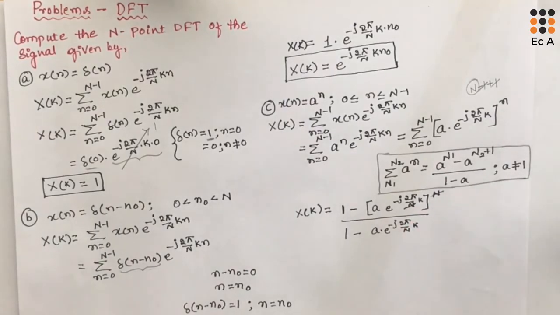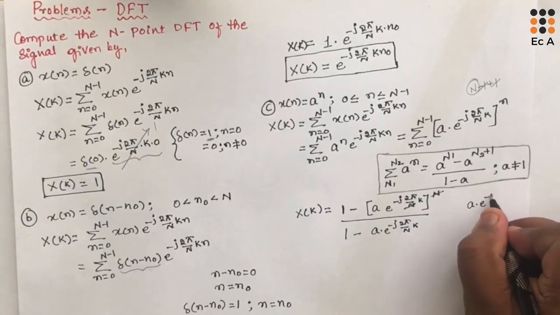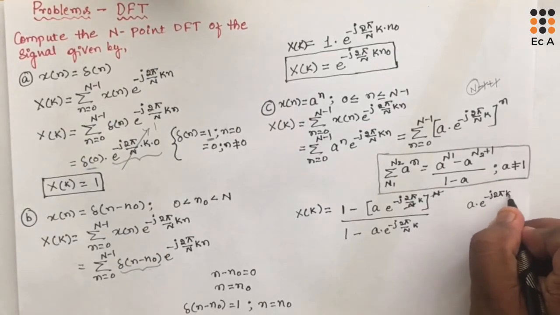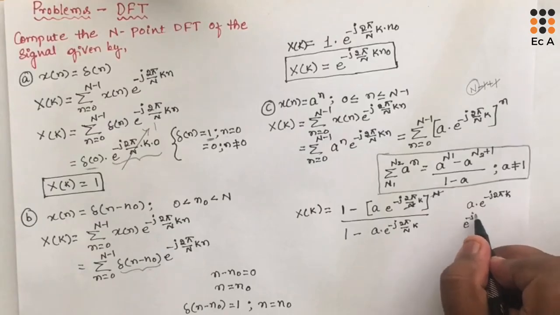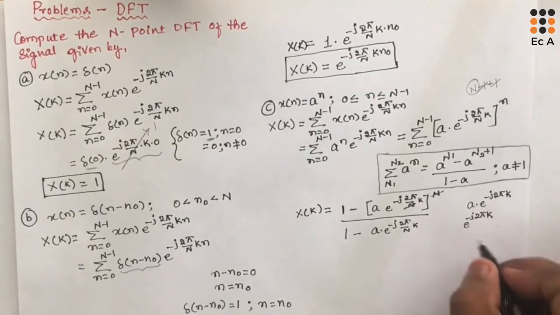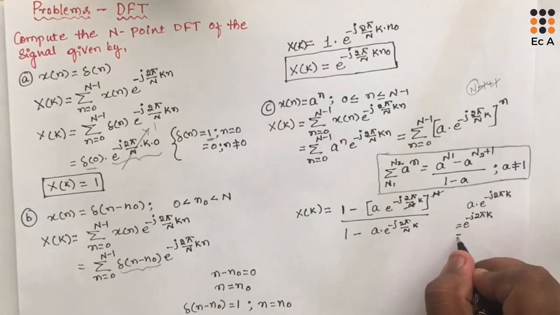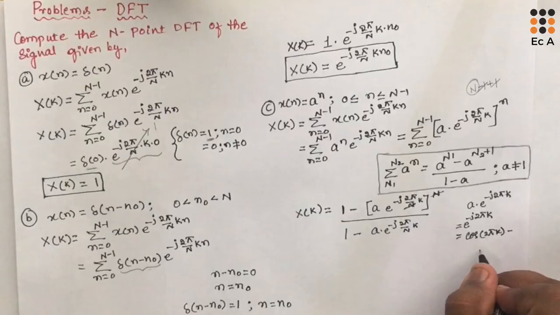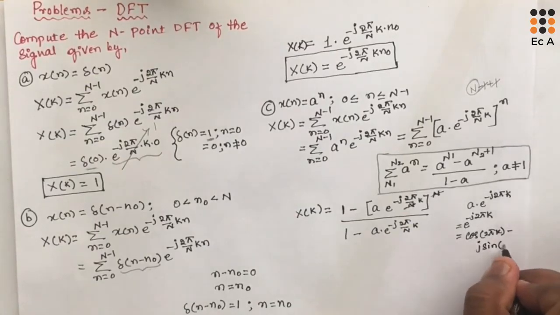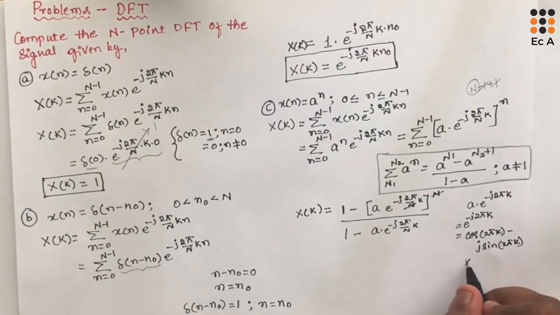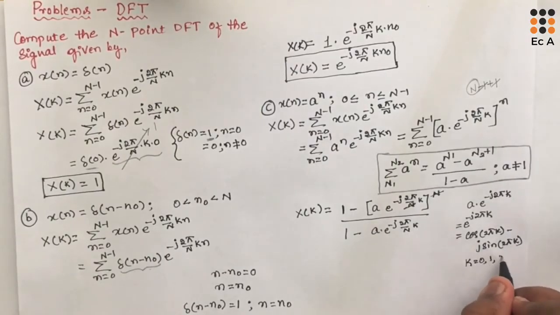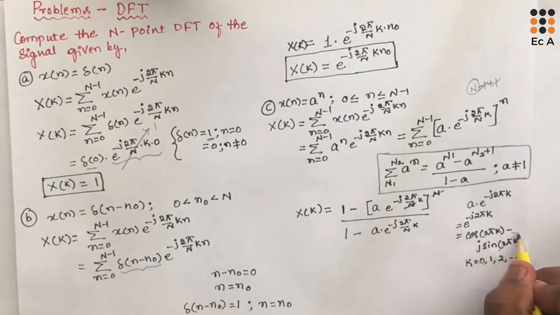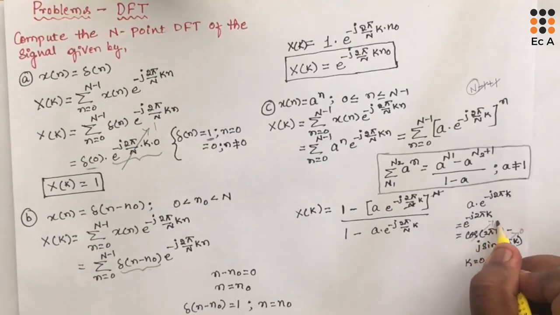So we will be left out with a into e to the power of minus j 2 pi k. E to the power of minus j 2 pi k, we can write this term as cos 2 pi k minus j sin 2 pi k. If we put different values for k as k is equal to 0, 1, 2 and so on, the term sin 2 pi k will become 0 and cos 2 pi k will become 1.